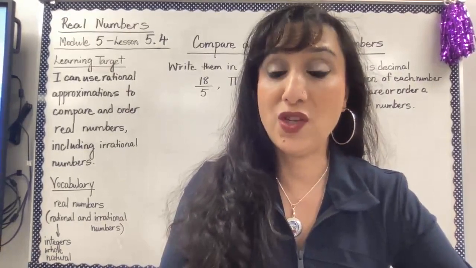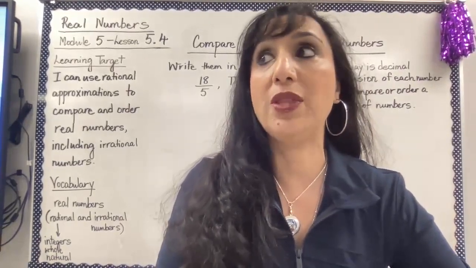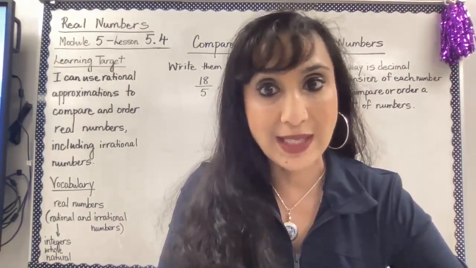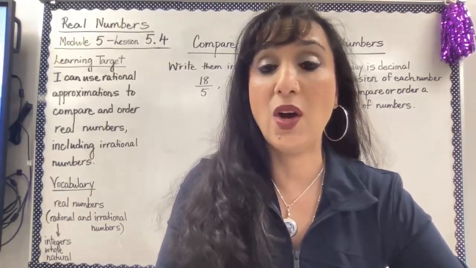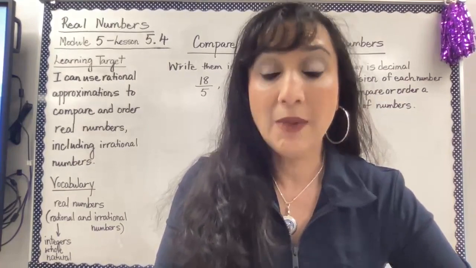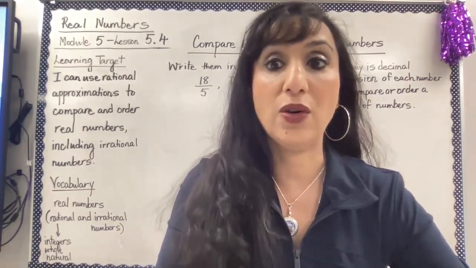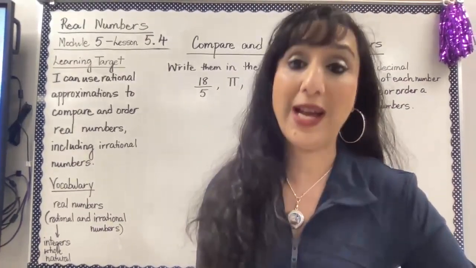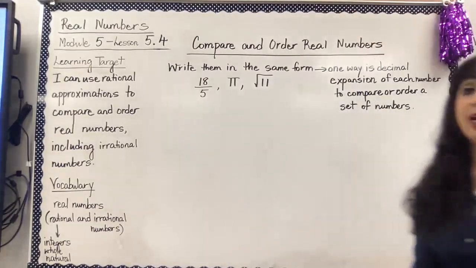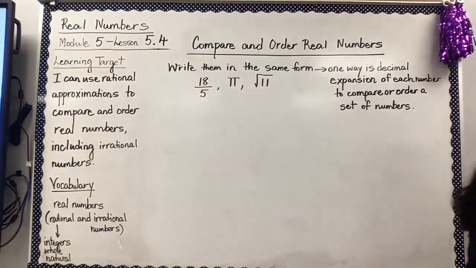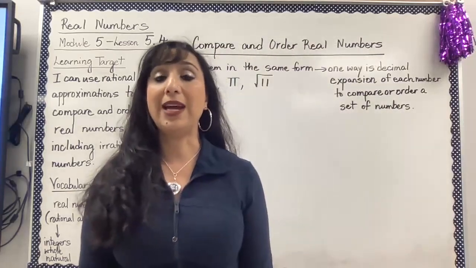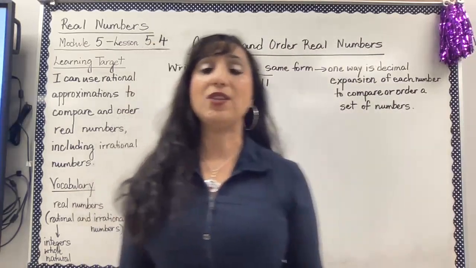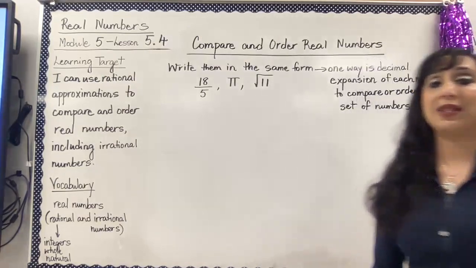I would highly suggest that you put them all in decimal format, because then it is easy to compare decimals. So make sure that they're all in the same format before you start comparing and ordering them. One way to do that is to use the decimal expansion of each number to compare a set of numbers.